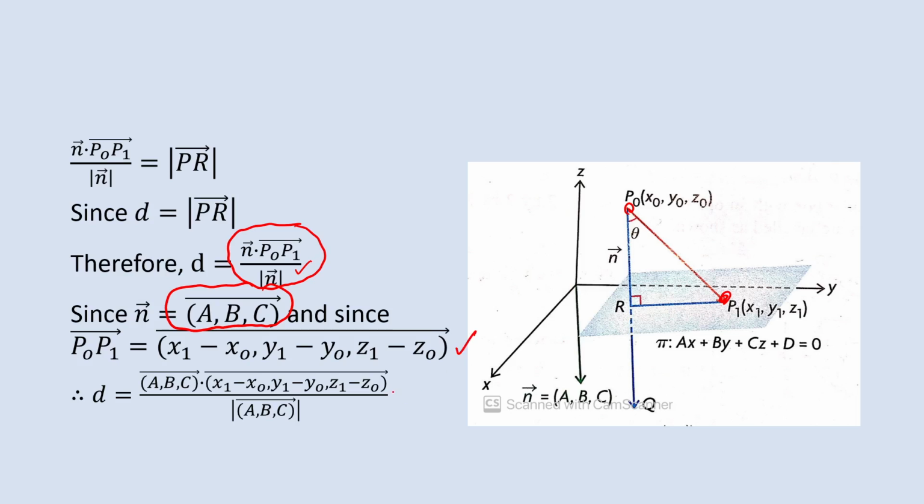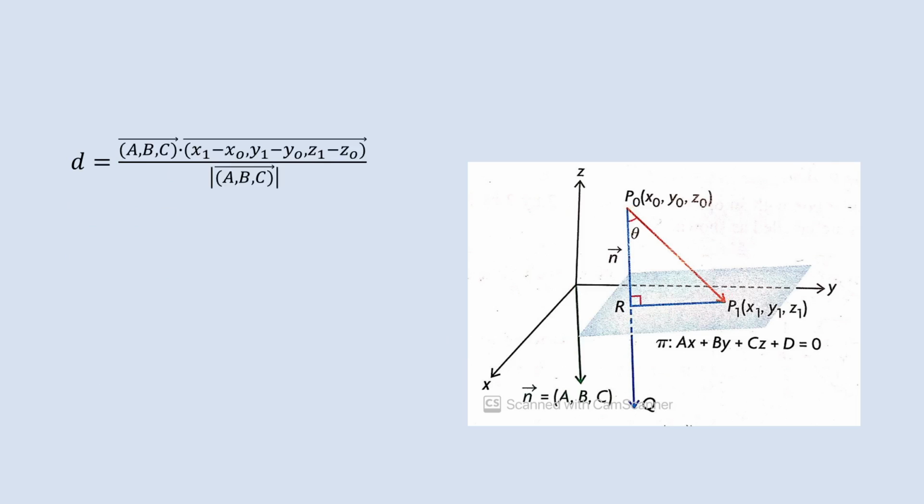So the normal vector dotted with P naught P1, divided by the magnitude of the normal vector, is going to equal the distance that we're actually looking for. So that's the formula that we have.